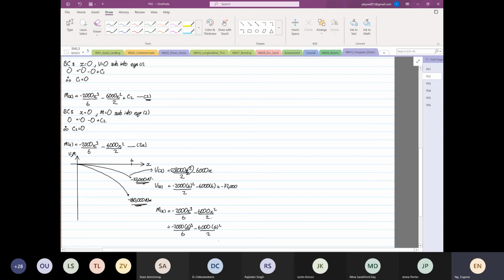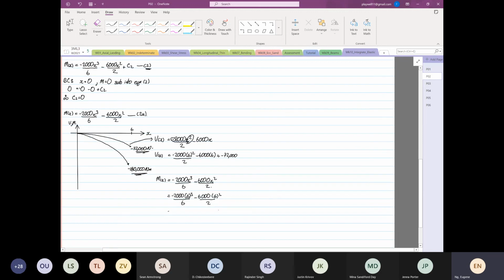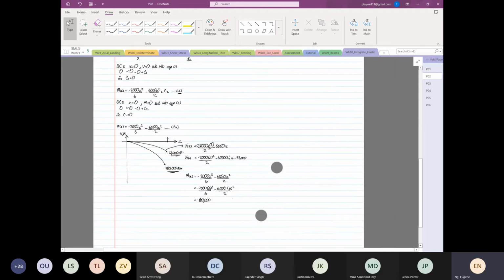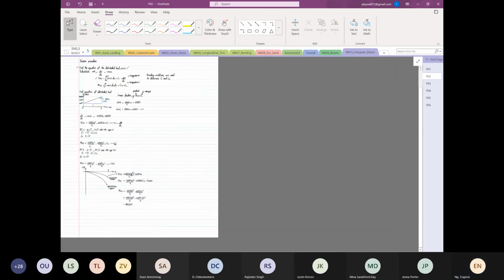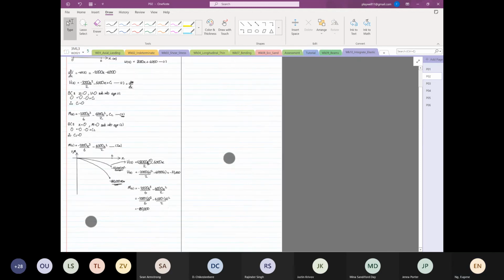I want to show you the difference between the approaches, and try to convince you that once you know this method, it is so powerful. But the problem with this method is mathematically you have to know what is going on in terms of boundary condition.